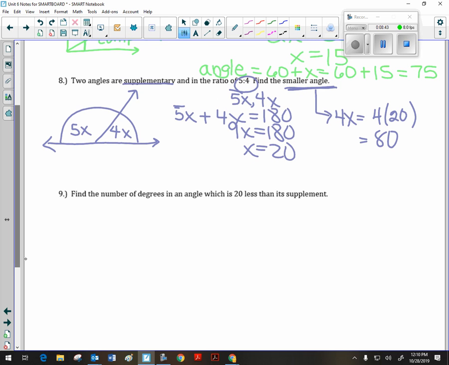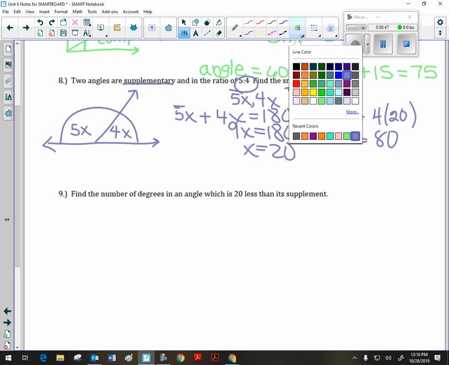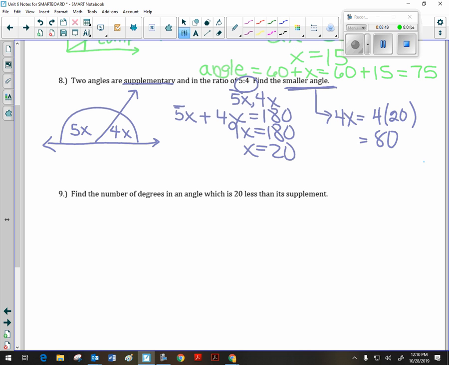When I go on to question 9, same scenario. In this case, they're talking about supplementary angles, so I want to make sure that because they're talking about the supplement that I'm drawing that same picture. And what they've told me is I'm looking for the number of degrees in an angle that's 20 less than the supplement.